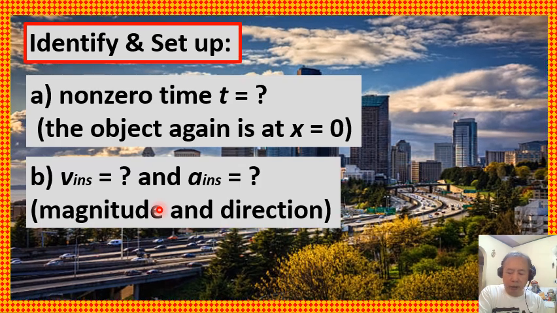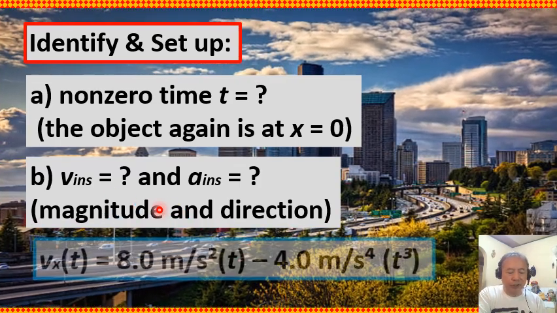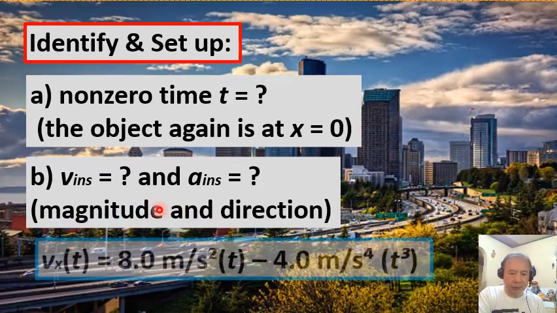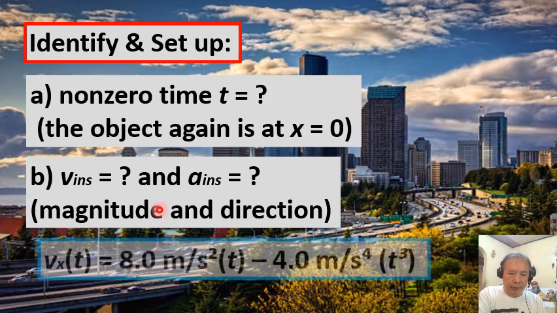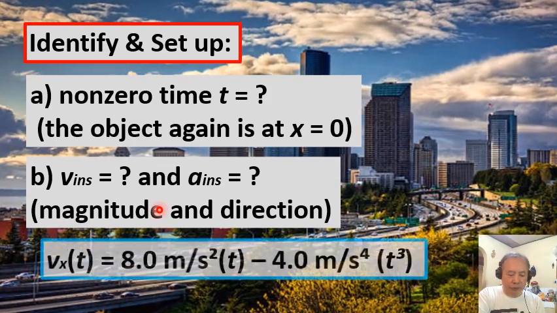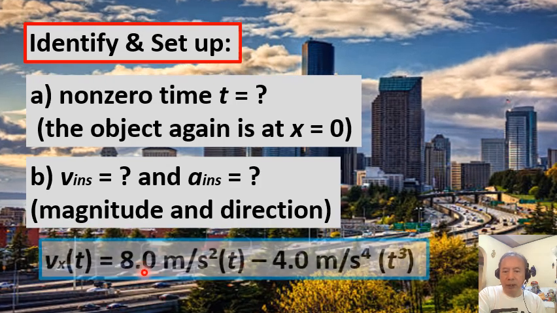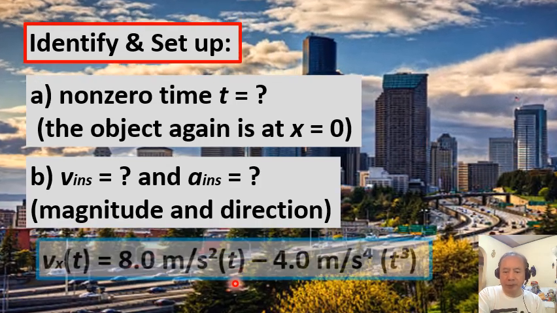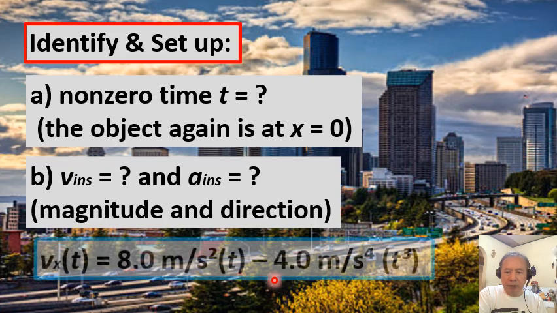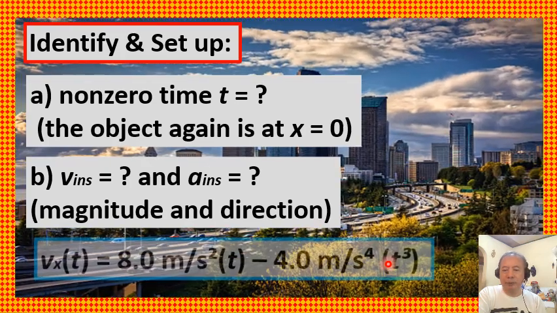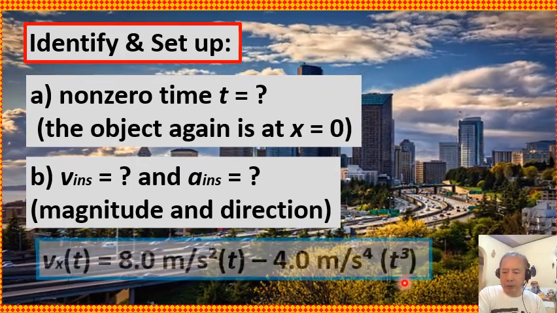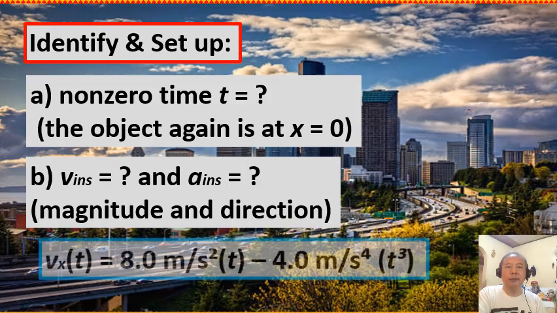And we also rewrite the velocity function, Vx as a function of time equals 8.0 meter per second squared times the time t minus 4.0 meter per second to the fourth times the cube of the time t.